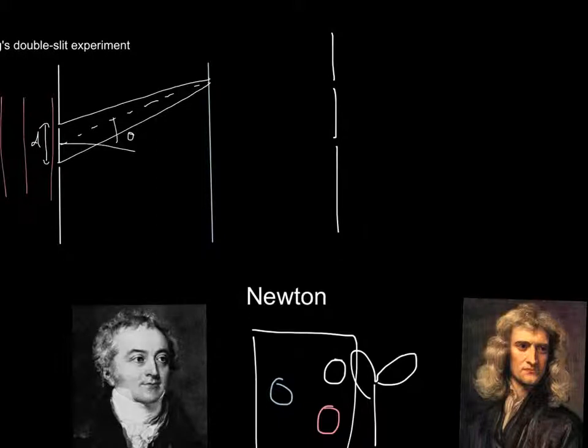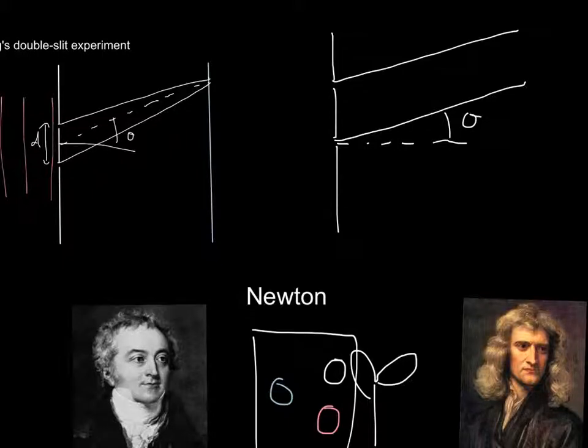And then what I have is two rays. One goes this way and the other one goes this way, and they both bounce on the screen somewhere there. And remember, here I have this angle theta, which is the angle that both of these rays make with the normal to the screen.